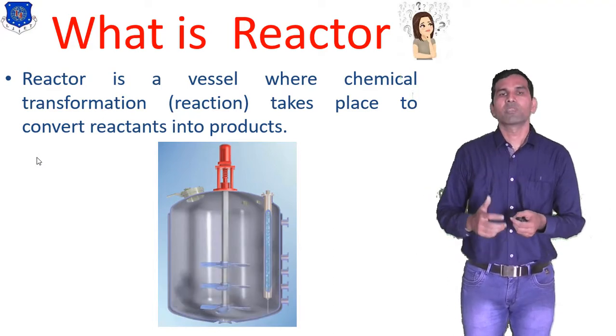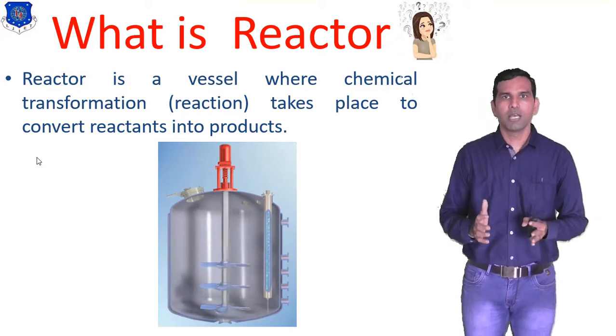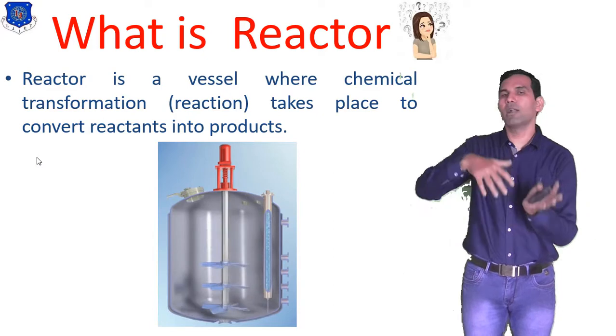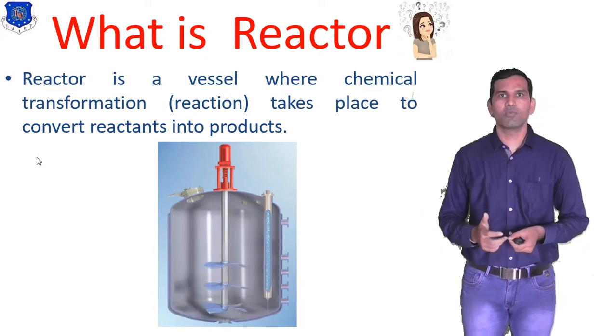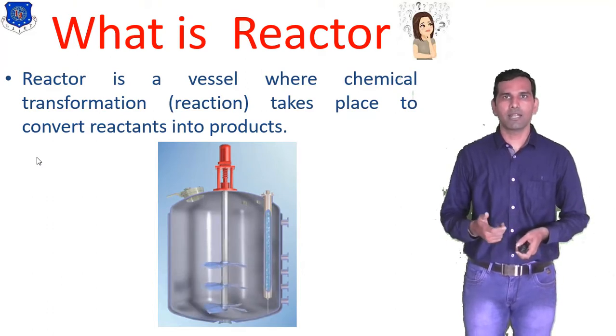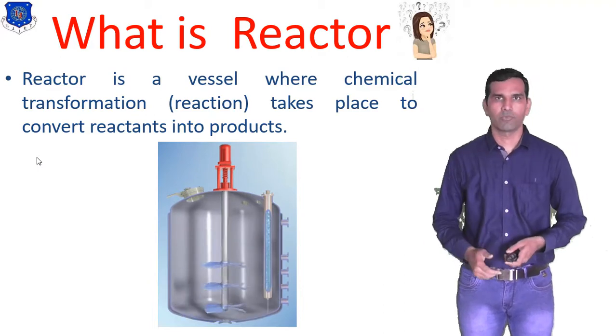So that means a reactor is a closed vessel in which we take some reactant and convert it into the product. In this figure you can see a chemical reactor, and that reactor is used to convert the reactant into the product.